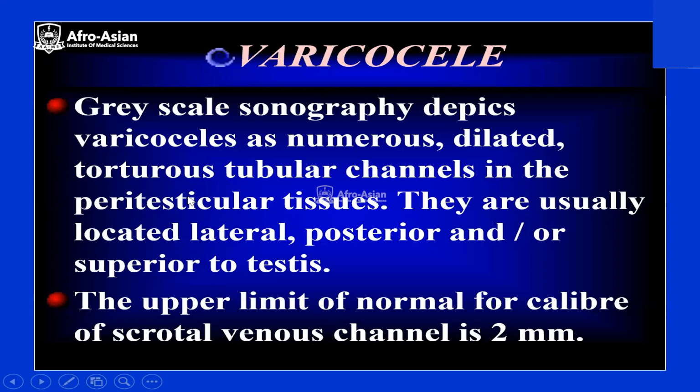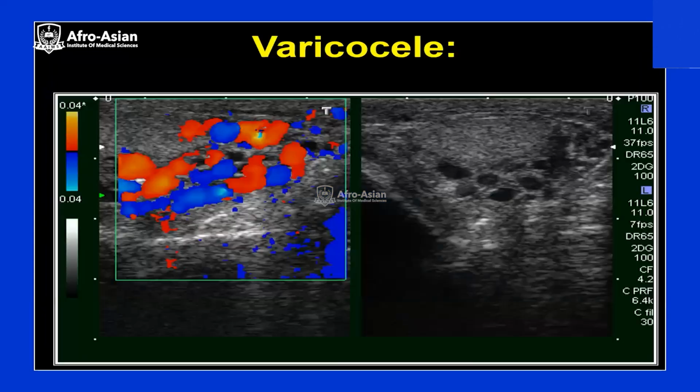Grayscale sonography depicts varicoceles as numerous dilated tortuous tubular channels in the peritesticular tissues. When we put on color, we will find these cystic areas are the vessels. They are usually located lateral, posterior and or superior to the testes. The upper limit of normal for caliber of scrotal venous channel is 2 mm.